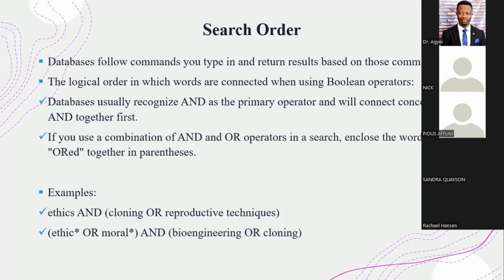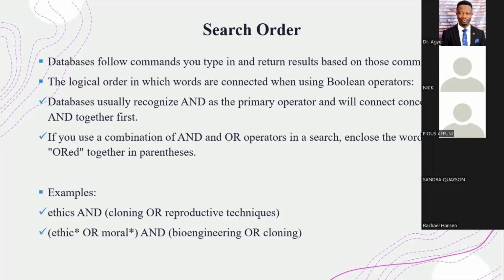So if you use a combination of and or operators in a search engine, okay, another question is, does it matter which keyword you begin with when doing your search?